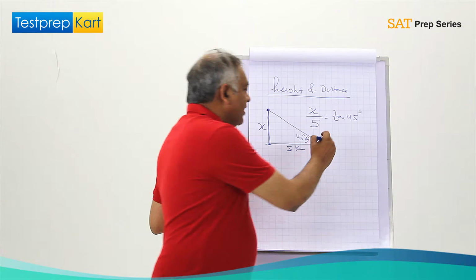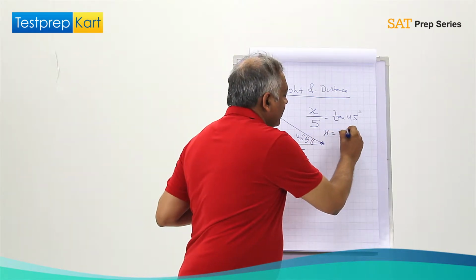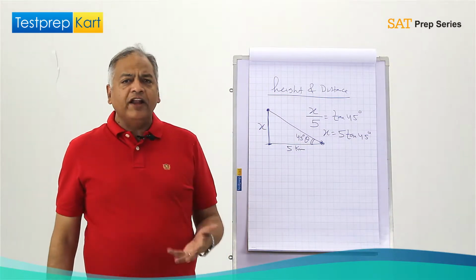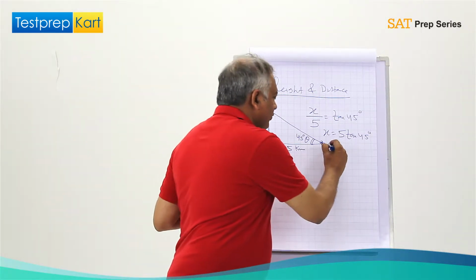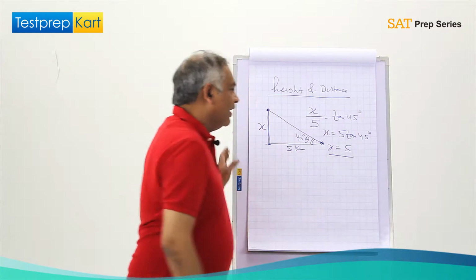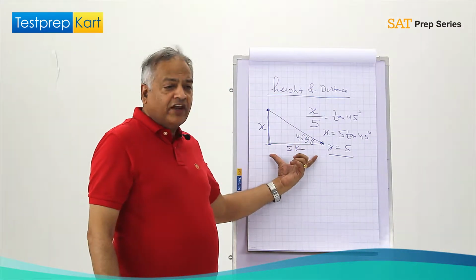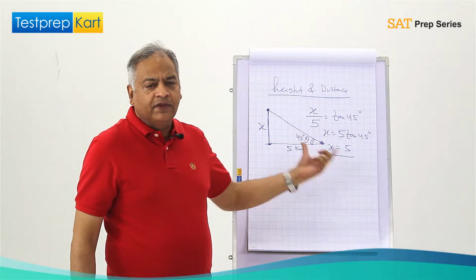Now what will be x? The height will be 5 tan 45 degrees. Now tan 45 degrees is 1, therefore x will be equal to 5. So that's how you can calculate the height by knowing the distance and the angle of elevation.